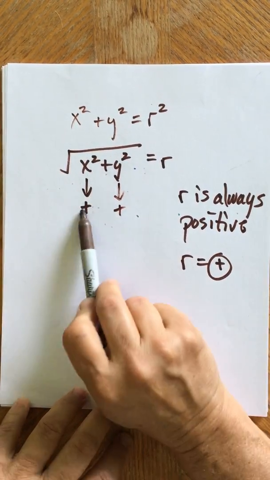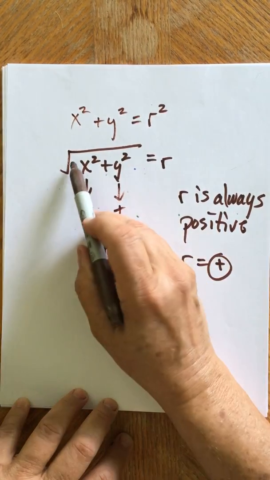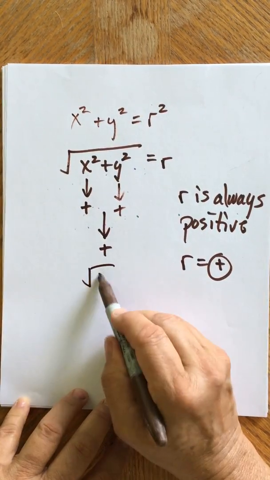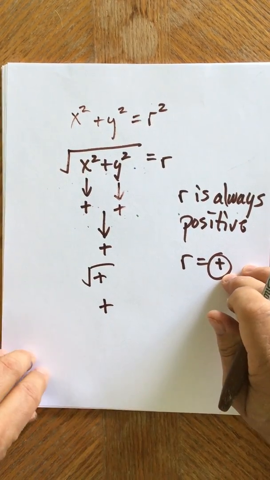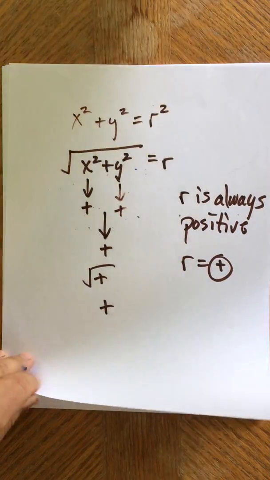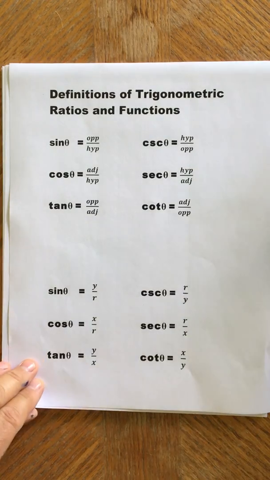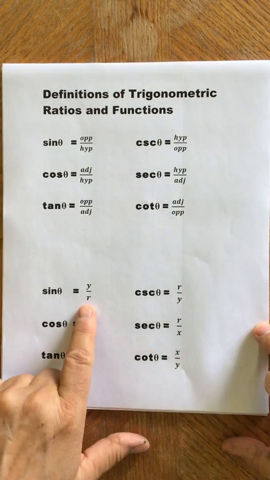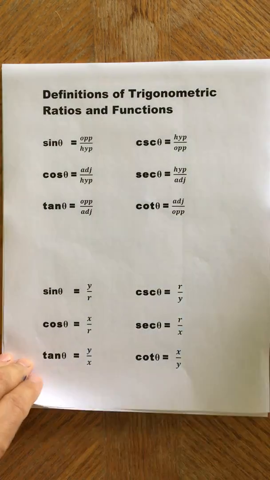Now I'm adding two positive numbers, so I'll end up with a positive number. And then I take the square root of a positive number, which makes sure that it is positive. So r, the radius, is always positive. So when you're working with these definitions and trying to find out what quadrant an angle is in, you can always assume the radius is positive.